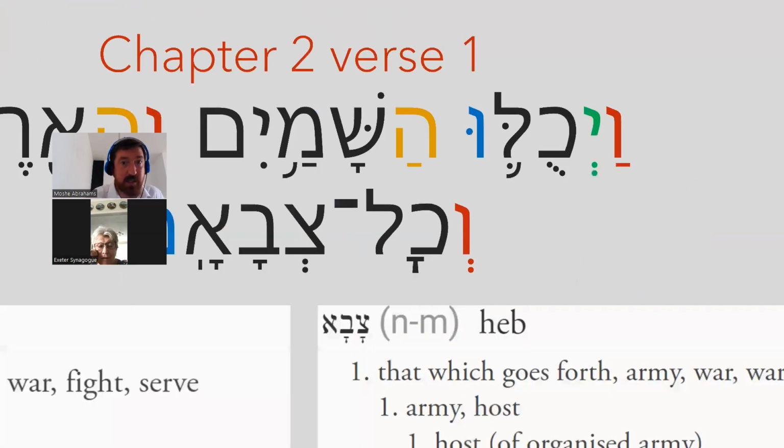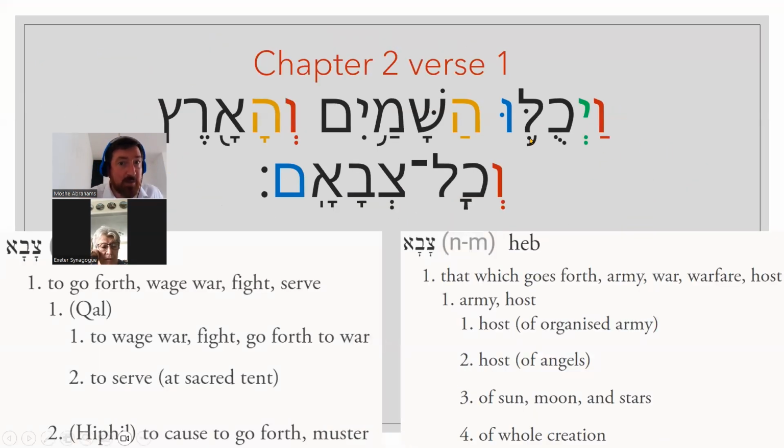Now, what was completed? After the verb, you have who's doing the verb. Now they're being done to. In this case, you have the word shamayim. So now that first line, what does it mean? Vayikulu hashamayim v'ha'aretz.